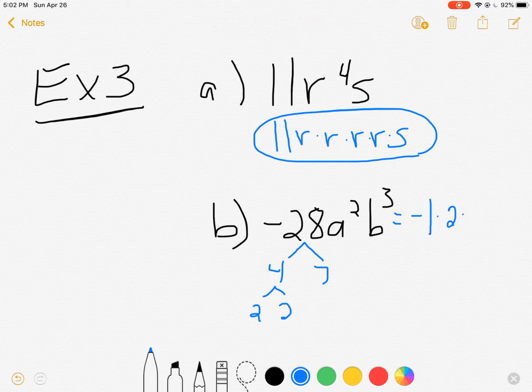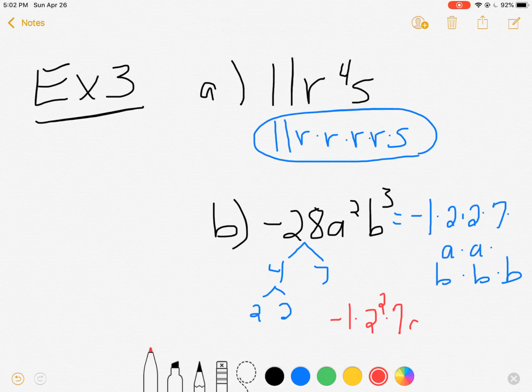Then I would have times 2, times 2, times 7, times A, times A, times B, times B, times B. So I'm breaking down what it takes to multiply to give me 28. The only reason I had a 1 in there is because of the negative. So final answer on this one would be negative 1 times, I can say 2 to the second, because of the 2 times 2, times 7, times A, times A, times B, times B, times B.